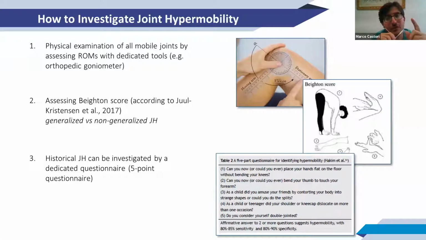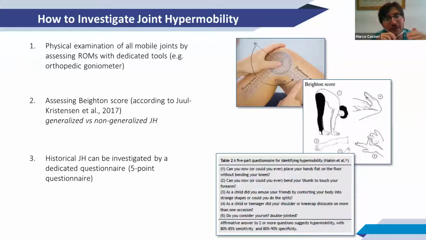The Beighton score is not applied to a joint, but is applied to the entire body. It's a set of maneuvers, including 9 limb joints and anterior spine bending. The score ranges from 0 to 9.